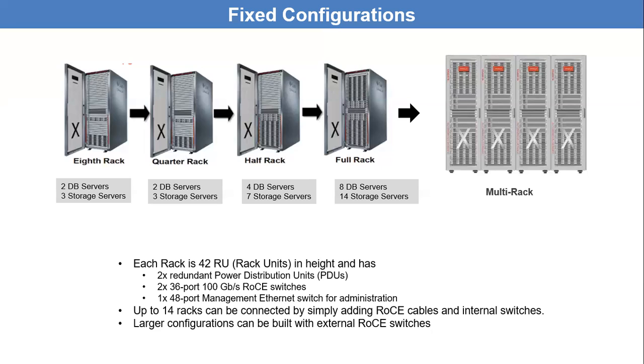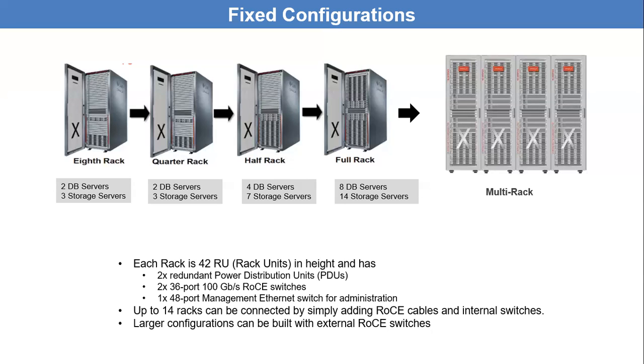Let me elaborate on this. Suppose if quarter rack comes with 100 CPUs, 8th rack will come with half of that, 50 CPU cores. Similarly, say if quarter rack comes with say 100 terabytes of memory, 8th rack will have half of that, 50 terabytes of memory.